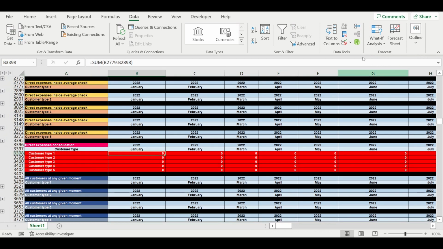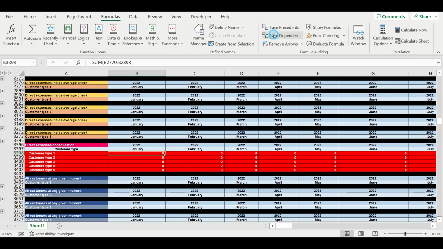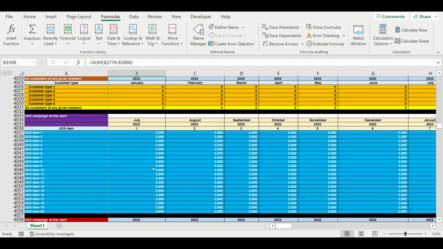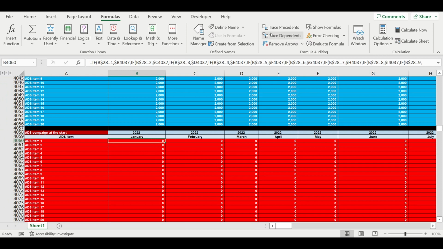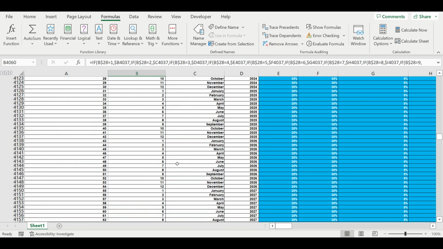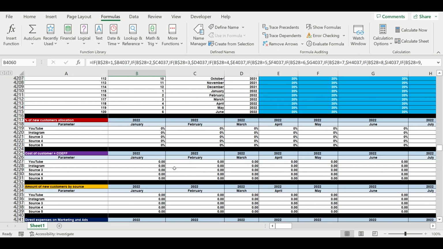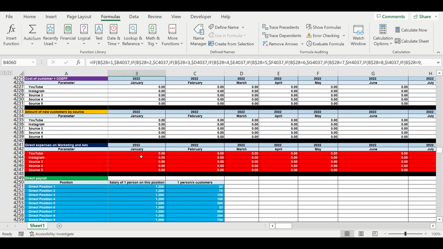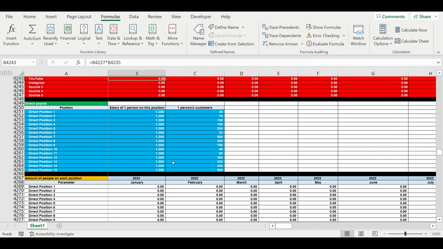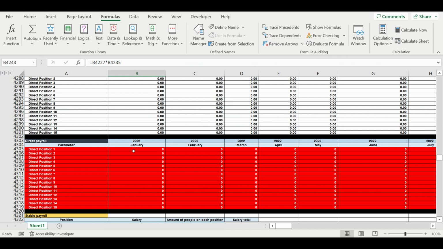Direct expenses, formulas, Trace Dependencies: they participate in the cash flow statement. Advertising, Trace Dependencies, participates. This block of input, direct expenses on marketing and advertising, Trace Dependencies, participates. Direct expenses per customer, direct payroll, participates.